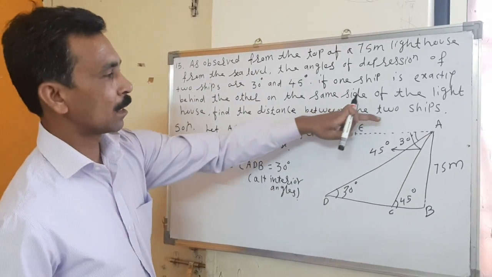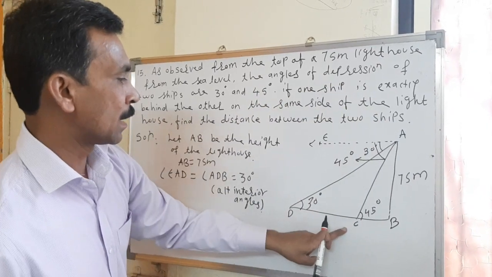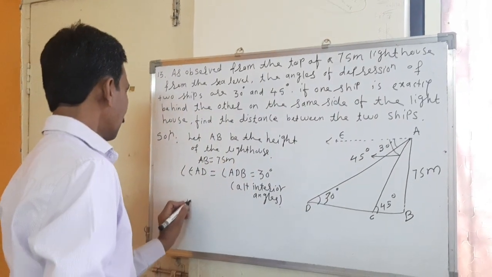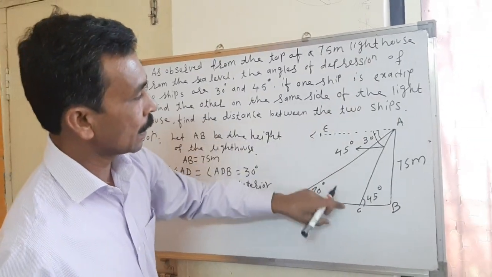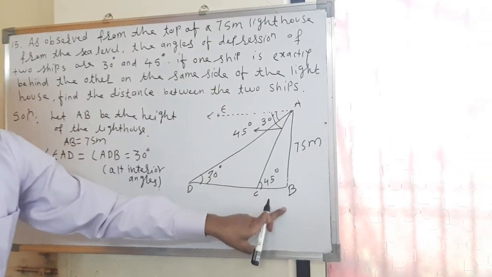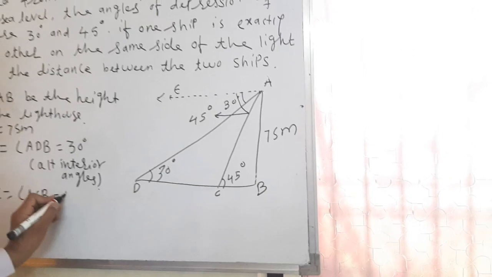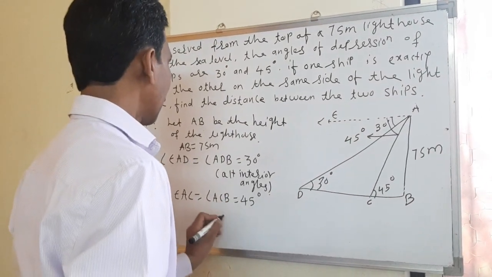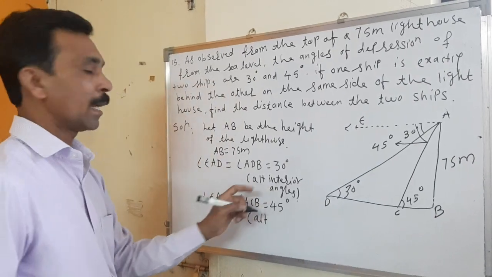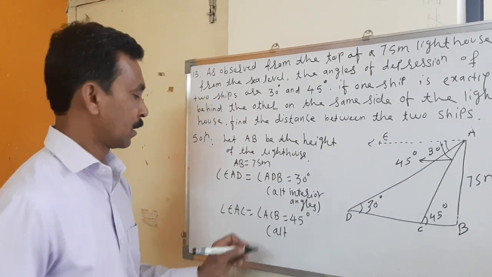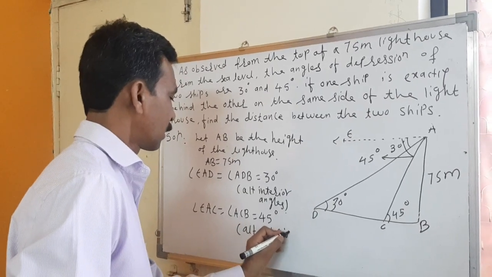Similarly, angle EAC is equal to angle ACB, which is equal to 45 degrees. What is the reason? Alternate interior angles.